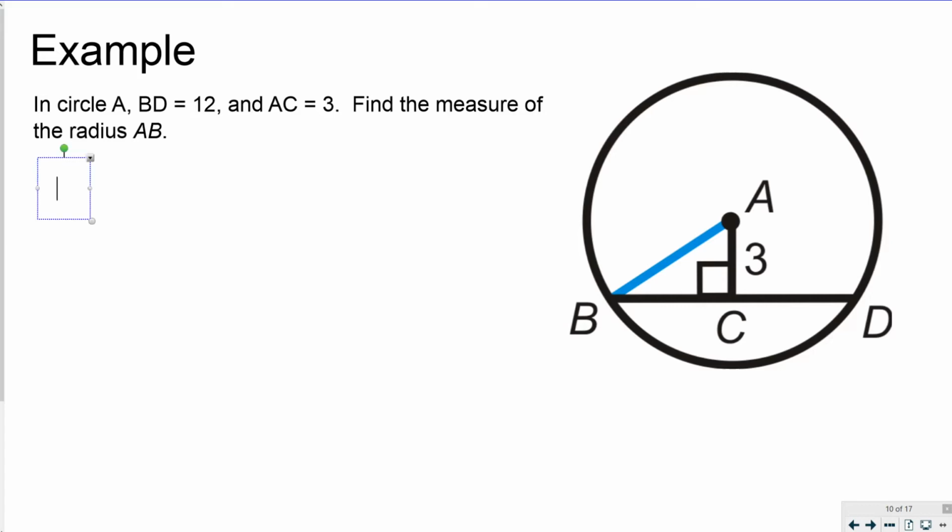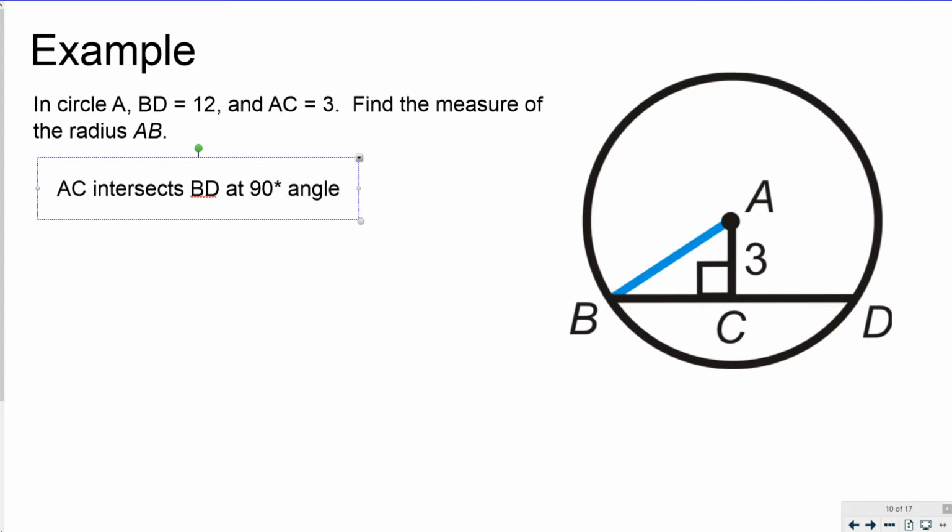I know that AC intersects BD at a 90-degree angle. And then I know that AB is a radius. And I know, by the look of it, triangle BCA is a right triangle.